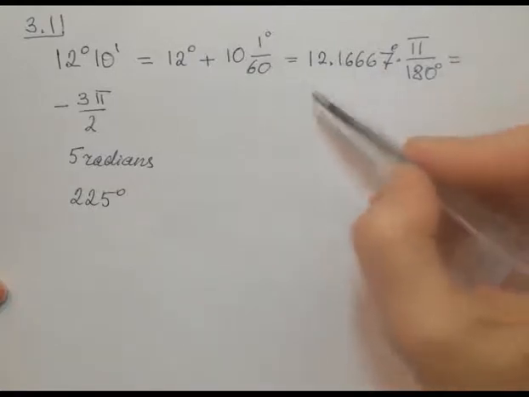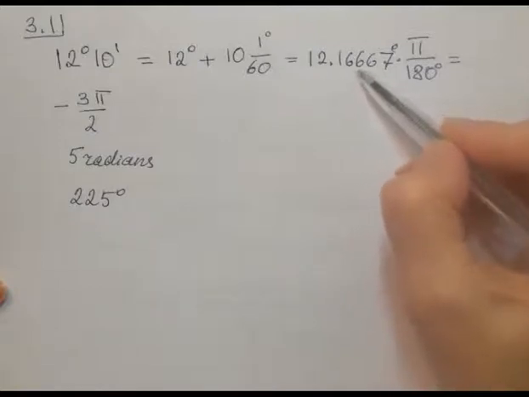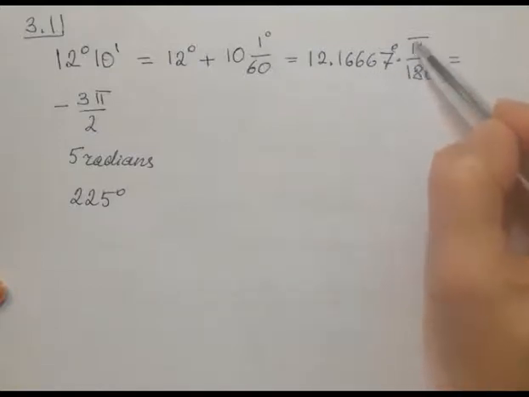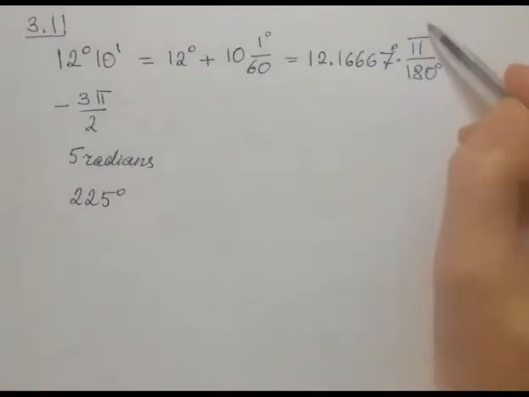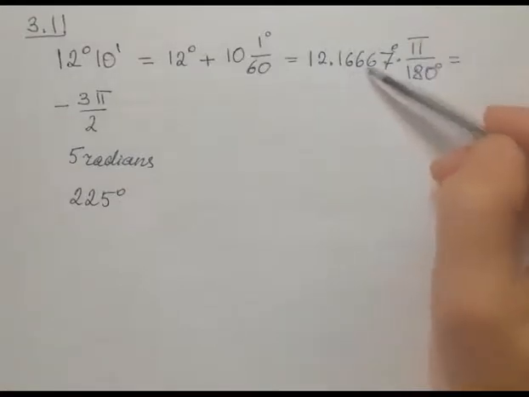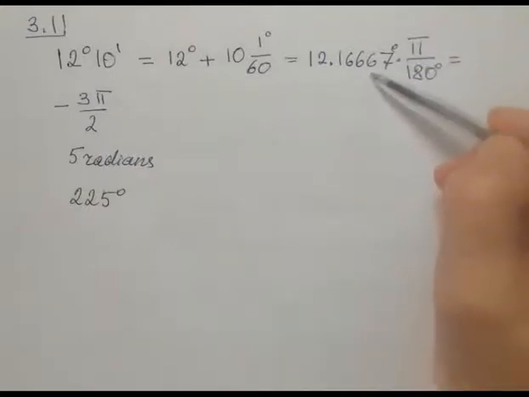So now we have to multiply 12.16667 times pi divided by 180. When we multiply a fraction by a number, we multiply only the numerator by this number.